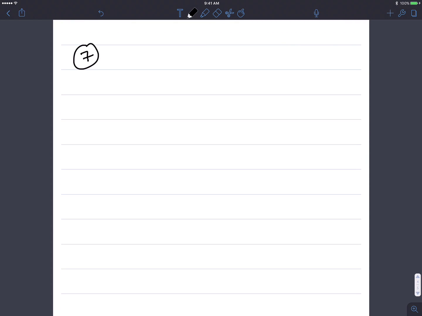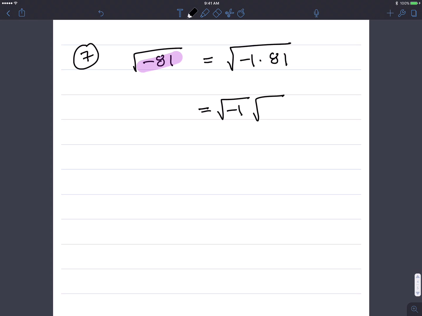Number 7, square root of -81. We notice we have a negative value under our square root sign here. So we're going to write this as -1 times 81. And by our product rule, we get the square root of -1 times the square root of 81.